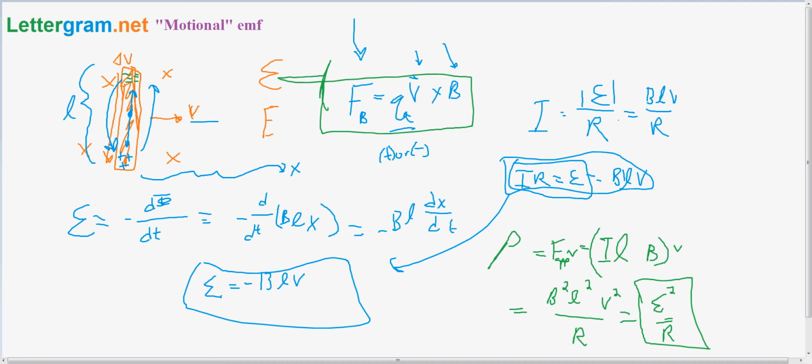If this is part of a circuit, let's say we have a battery right here, there'll be a current I going this direction, perhaps, and you then have to set this, circled in red, equal to the force applied right there.